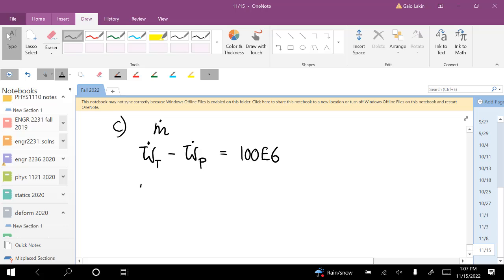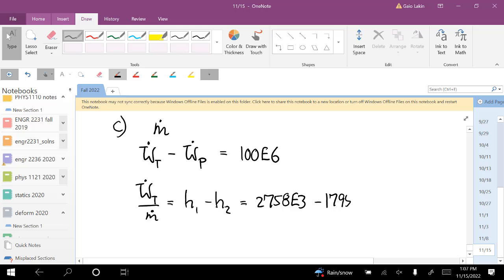We can write work dot at the turbine divided by m dot is equal to H1 minus H2, which is 2758 times 10 to the third minus 1795 times 10 to the third, which is 963 times 10 to the third.